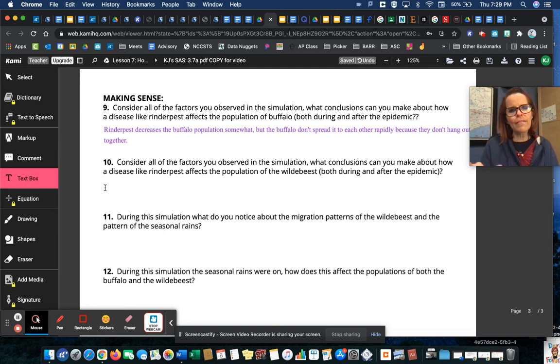Okay, so now we've got some whole new ideas that maybe we hadn't thought about. That migrating should be good because migrating allows you to follow the food, and so they're following the food. But when it comes to a disease, they're not maintaining social distances, and so that's a real problem. So give me a second.